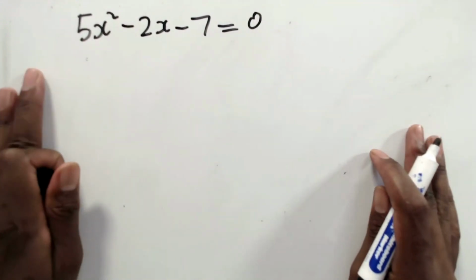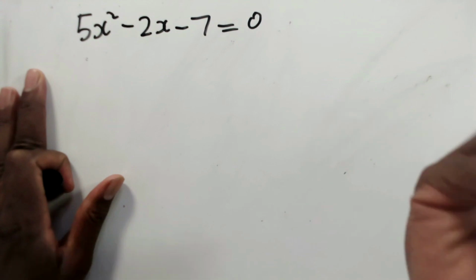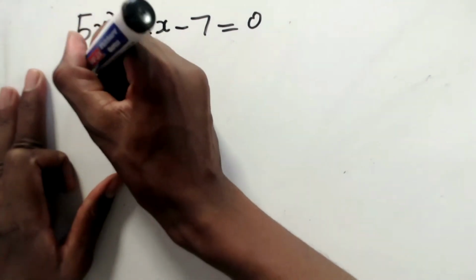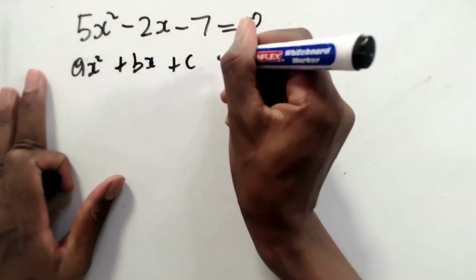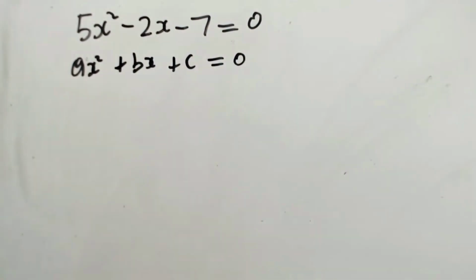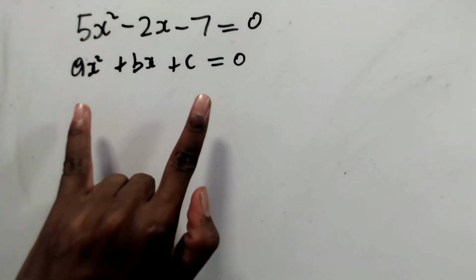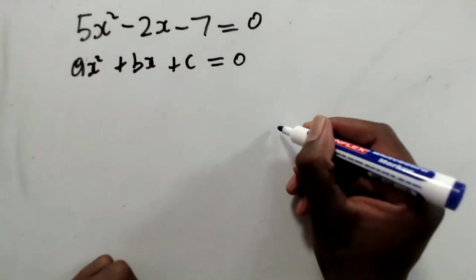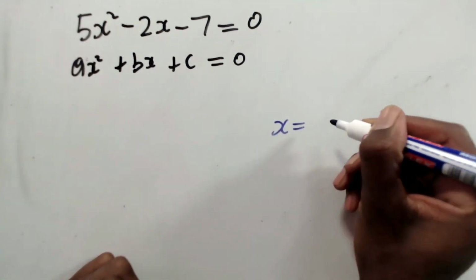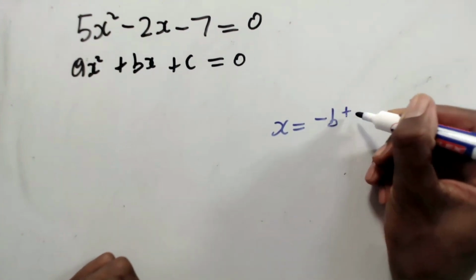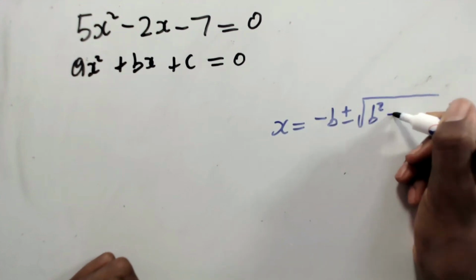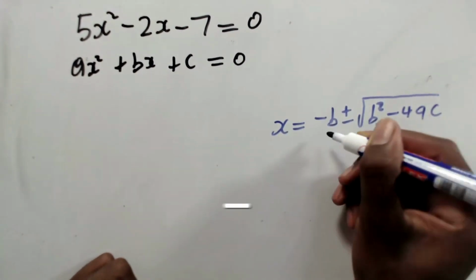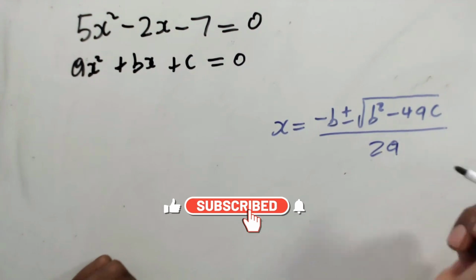And we can tell this is a quadratic equation because it is related to an equation of the form ax squared plus bx plus c is equals to 0. Now, with the nature of roots, we know that the solution for this equation is given by the quadratic formula, which is x is equals to minus b plus or minus square root of b squared minus 4ac all over 2a.